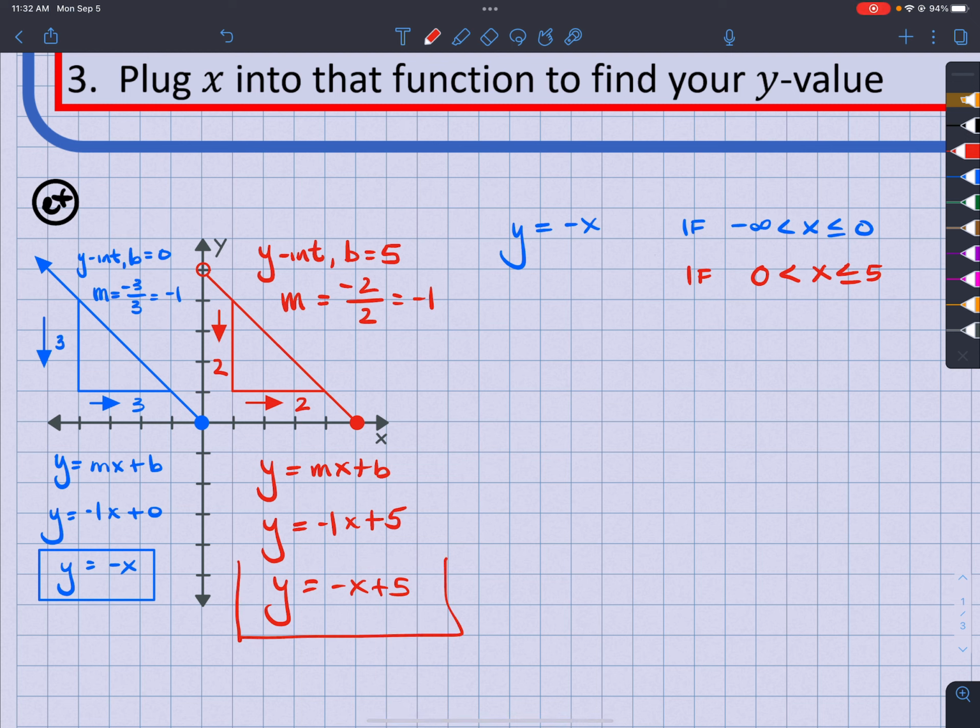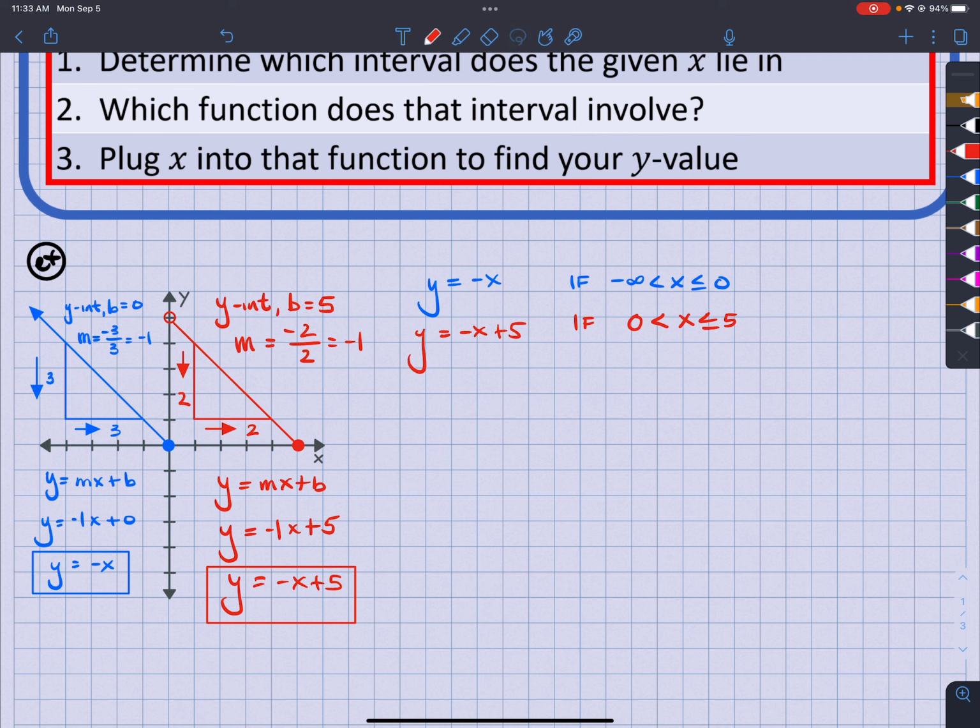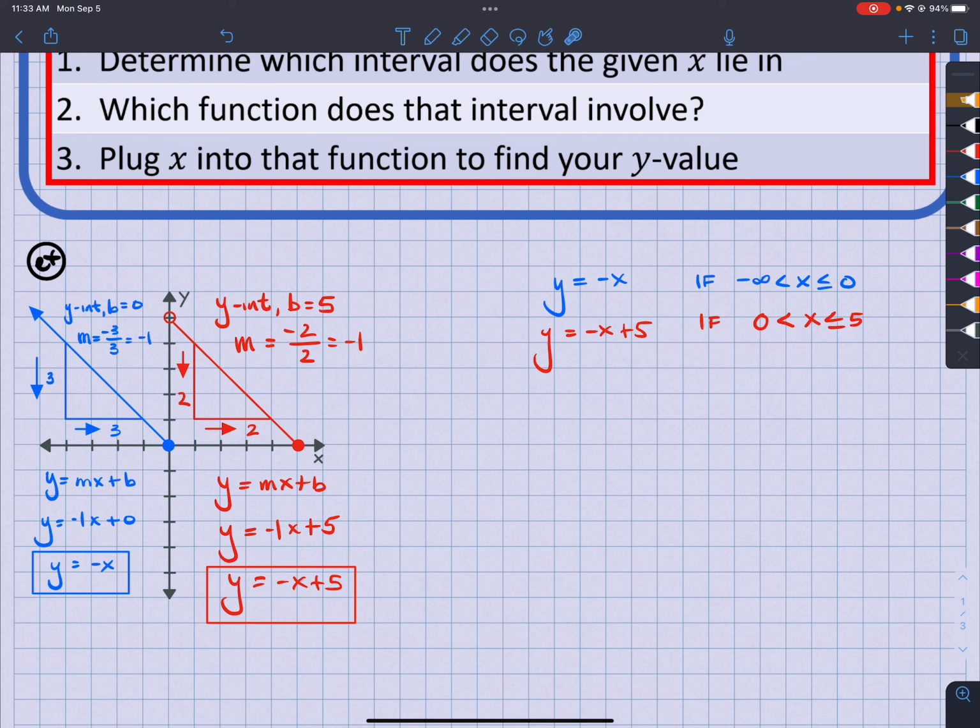There we go. All right. So there's my red line. That would be y is equal to -x plus 5. So notice that these are on different intervals here, right? From -infinity all the way to 0, we have the blue, and then from 0 to 5, we have everything that's red.